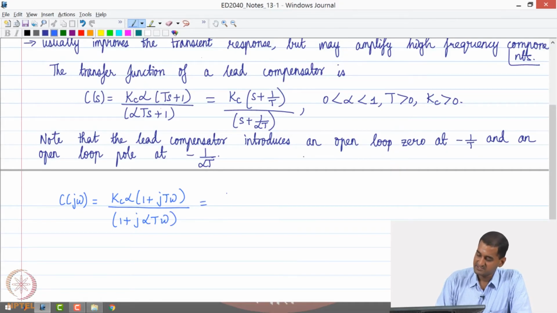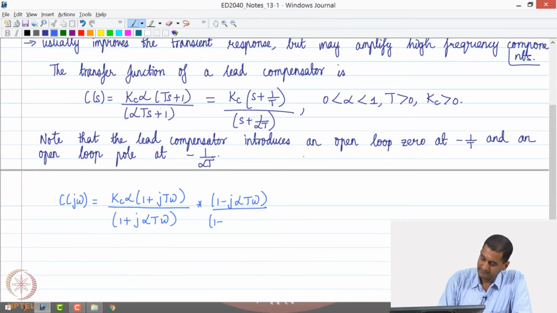This can be rewritten, of course we need to do it carefully. Let me explain what I am doing here: I am just multiplying and dividing by the conjugate.